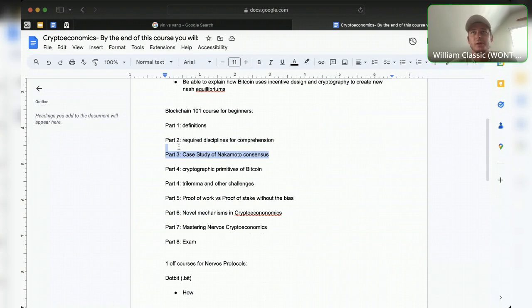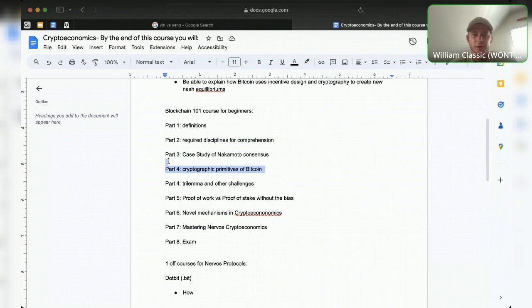They basically have put a lot of time and research and effort into giving an objective analysis of Nakamoto consensus and its superiority over other types of blockchain consensus.